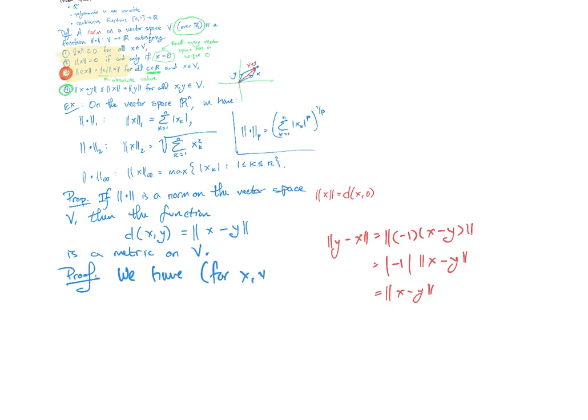So let's take x, y, and z in our vector space. Let's look at the distance between x and z. By definition, that's the norm of their difference. Now we can do our standard thing, where we add and subtract a y in there, because our goal is to introduce the y into the metric.